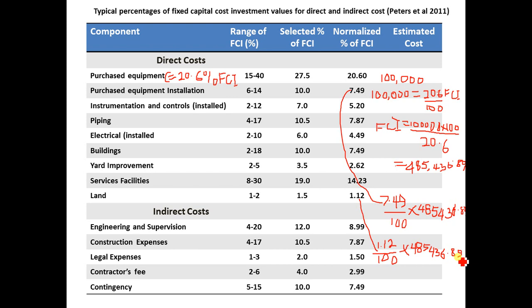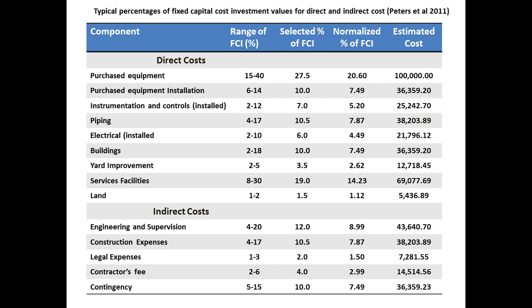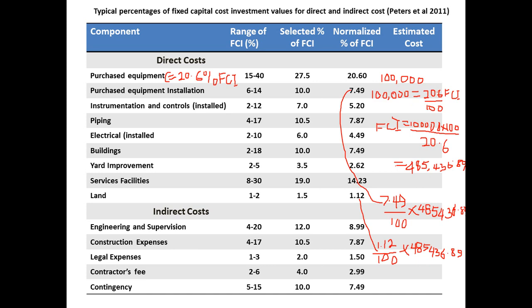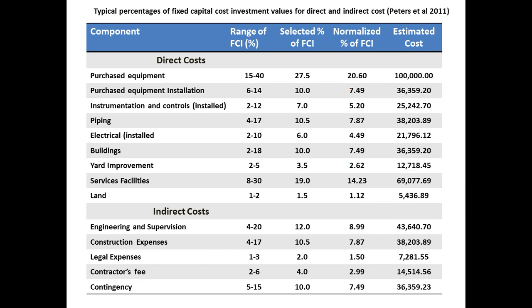If you take your time to do this calculation, this will be your answer: 7.49 times 485,436.89 divided by 100, which gives 36,359.22.